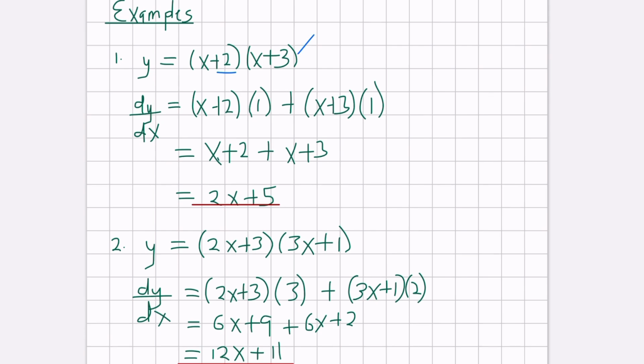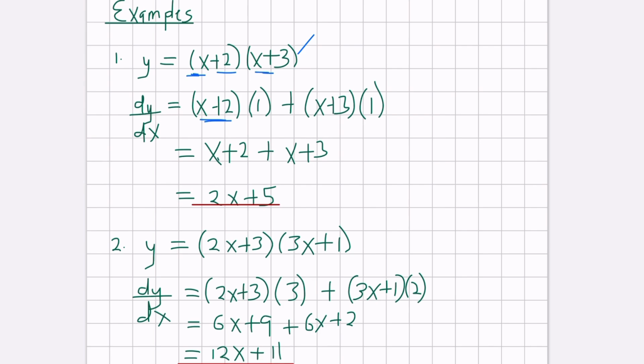When we apply the law of the product rule that we've just learned about, we keep one function as a constant. So the first function is x plus 2 here. As it is written in our question, you keep it as a constant. Then you differentiate the second function, which is x plus 3 here.